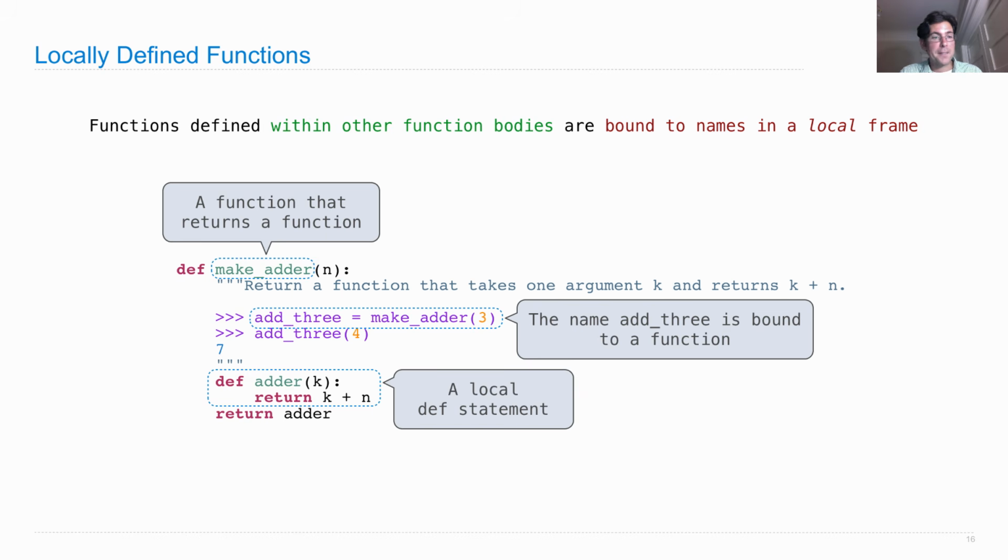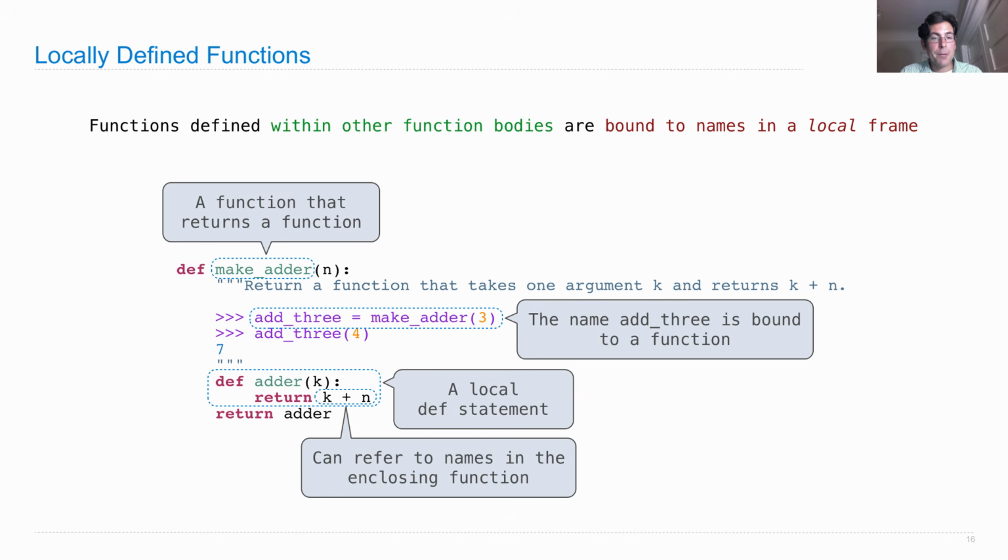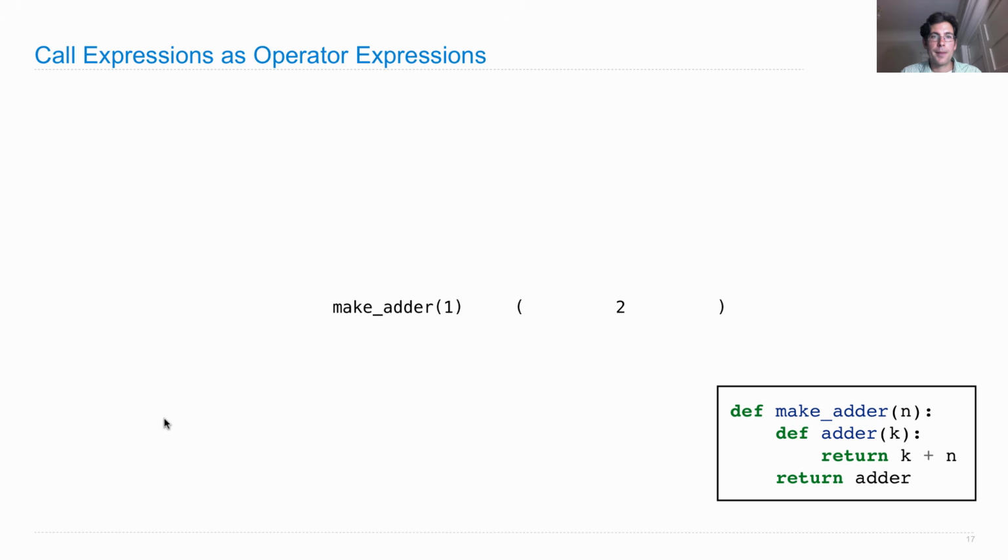Now we have a local def statement here, def adder k, which can refer to names in the enclosing function. So n is bound here, k is bound here, and both k and n are available in the body of adder.